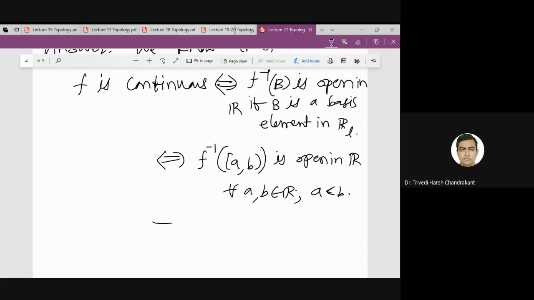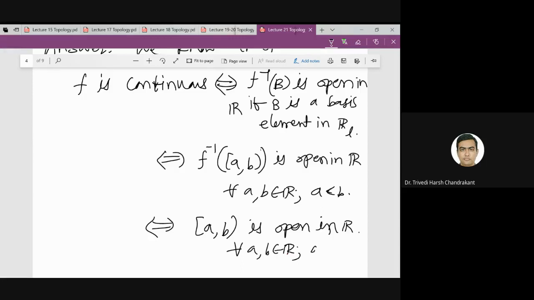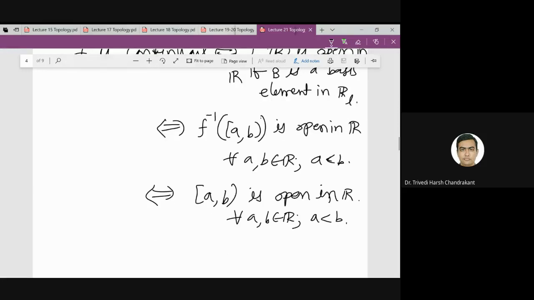Now what is this function? The function is defined as f(x) equal to x, so it is the identity function. Under the identity function, the inverse image is the same set, because f(x) is x. So f inverse of [a,b) is nothing but the interval [a,b). If we can show that this set is open in R, then we are done.